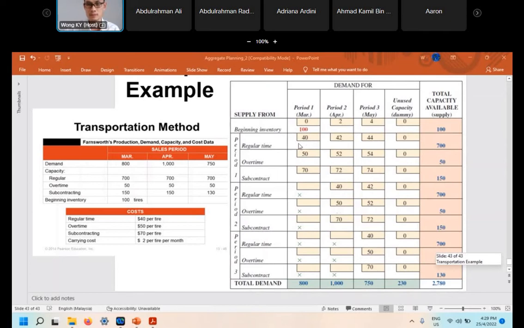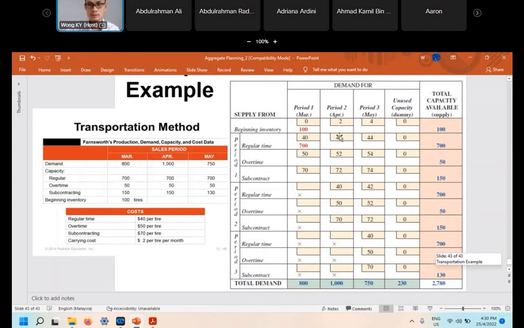So what is the quantity that I can assign here? Okay, good, 700. 700, because my capacity is only 700. So maximum, as much as possible, I can allocate 700. So I assign 700. So if we total up the column, actually, we have already fulfilled the demand, because 100 plus 700 is 800. Right? Okay, so we're done with this cell.